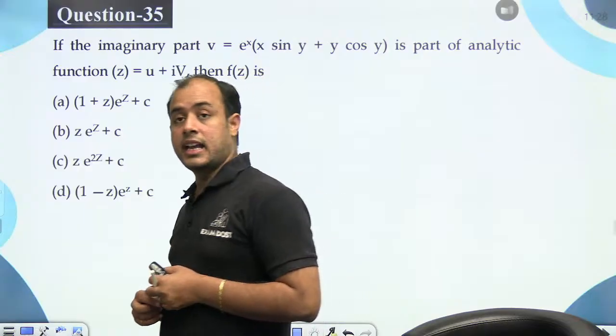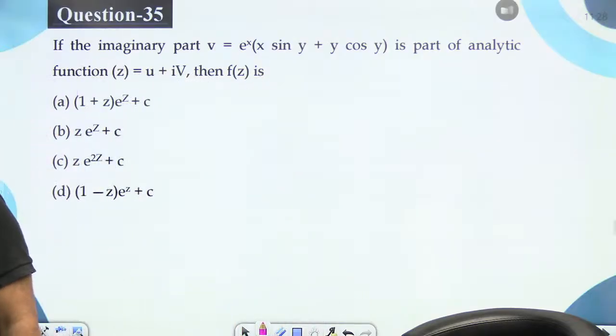Now, the imaginary part v is a part of an analytic function u plus iota v. Then what is the value of fz?